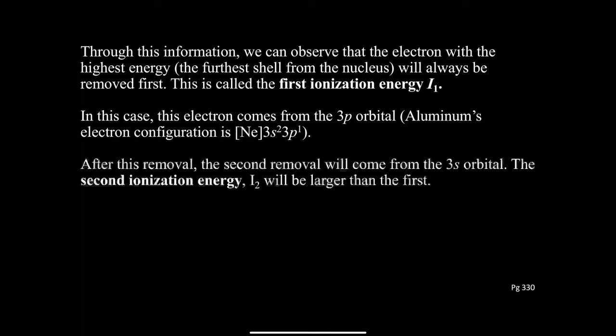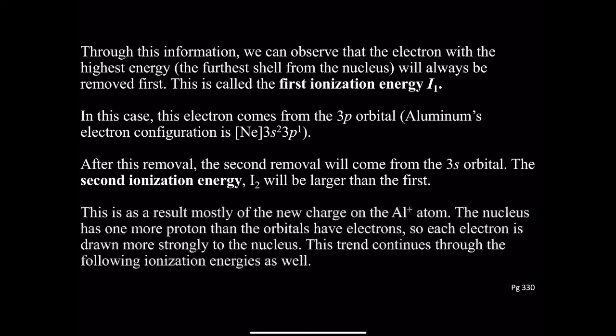After the removal of that one, the second removal comes from the 3s orbital, and we call that I2, and it's going to be larger. The energy required will be larger than the first, and this is mostly because of the new charge of the aluminum ion. The nucleus has one more proton than the orbitals have electrons, so the electrons are drawn more strongly to the nucleus. And this trend continues, right?